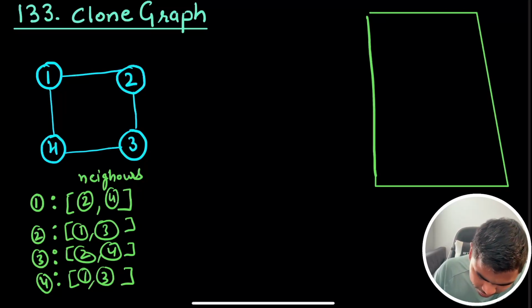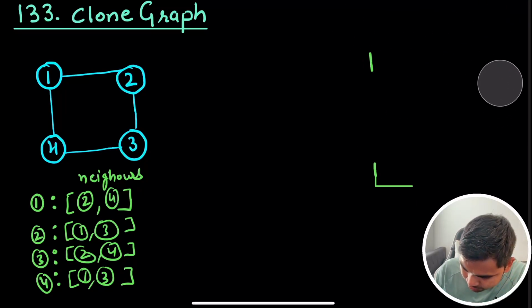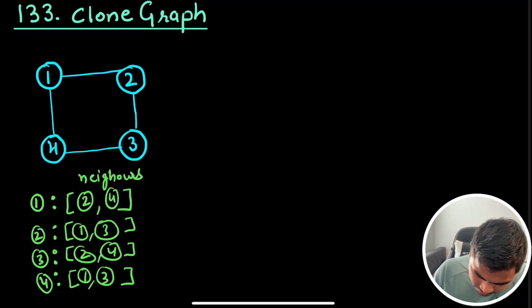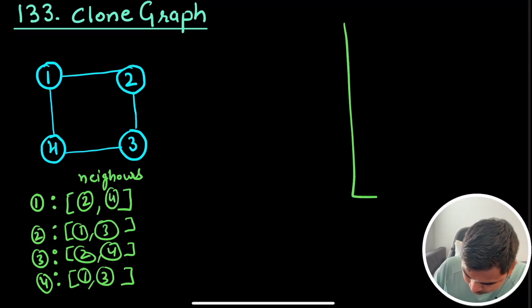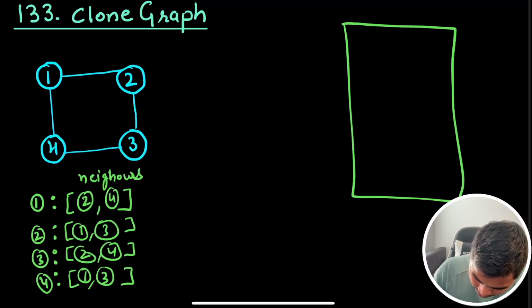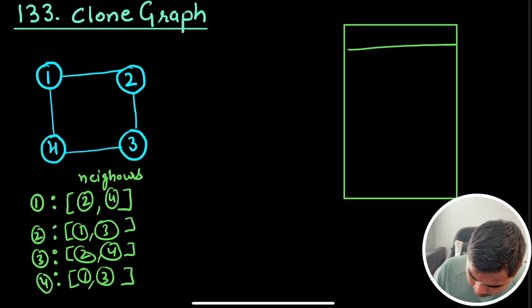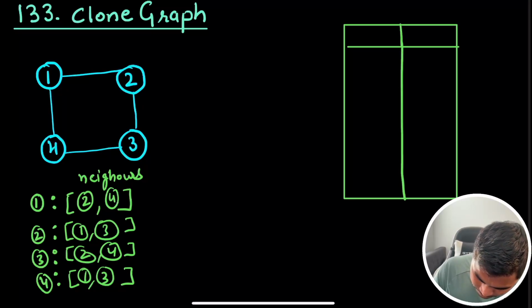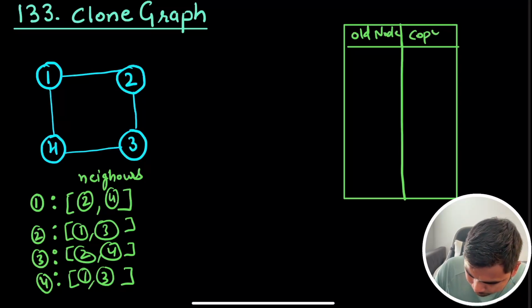Oh my god, that was the weirdest rectangle I've ever drawn. So I'm going to create this, and this map is going to have the old node and the copy.